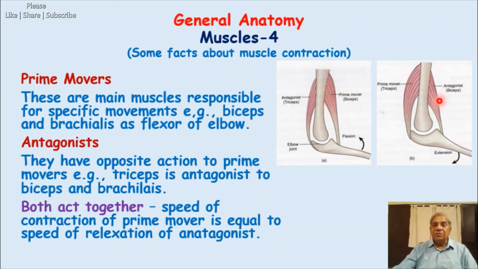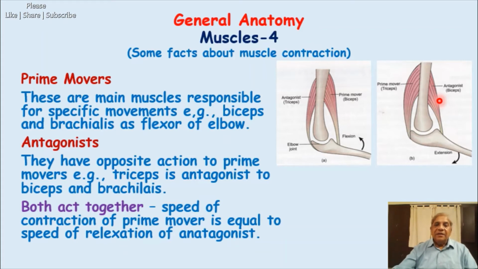So both the muscles act together. Okay, it is not only that the flexion is produced by the biceps and extension is produced by the triceps. The other opposite muscle at the same time is also acting, either by contracting or by relaxing.